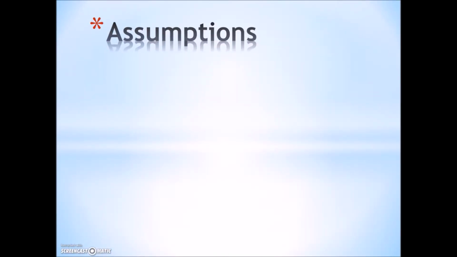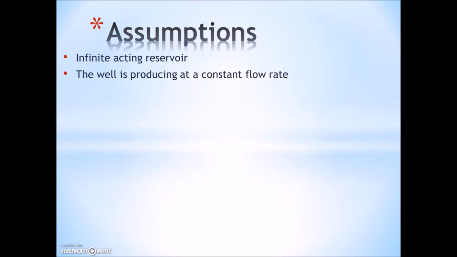The first assumption is the reservoir is infinite in size. The second assumption is the well is producing at a constant flow rate. The third assumption is no flow across the outer boundary, for example, at the radius Re.